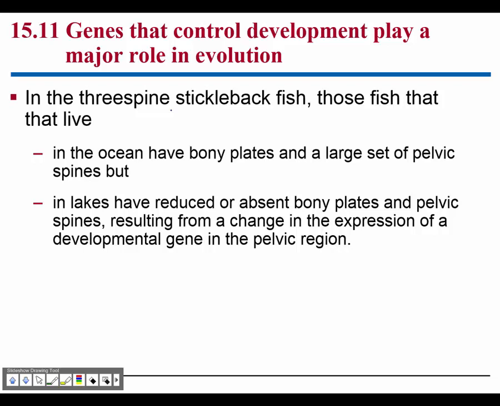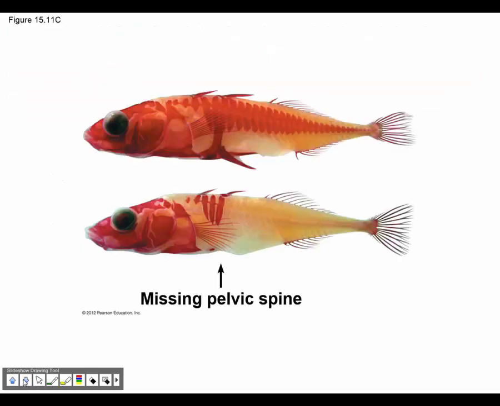And it was a change in expression of just one gene. The gene was still there, but just when it was expressed, and we had this huge change. So here you see the pelvic spines, and here we see an absent pelvic spine, right?